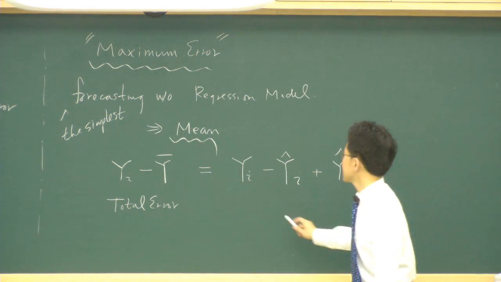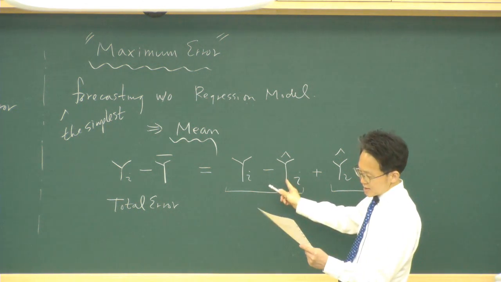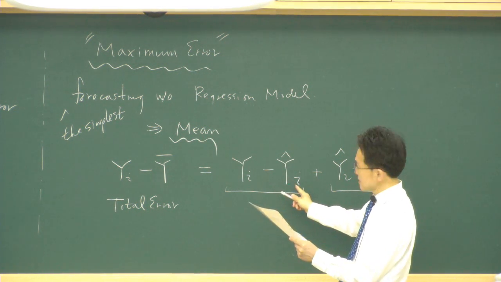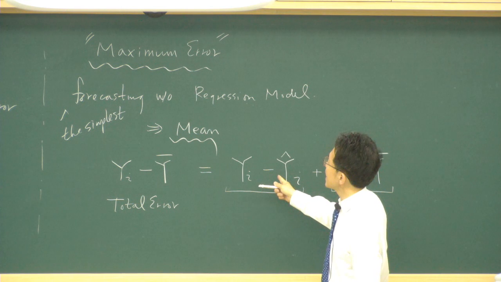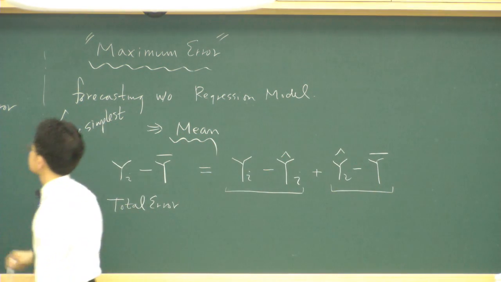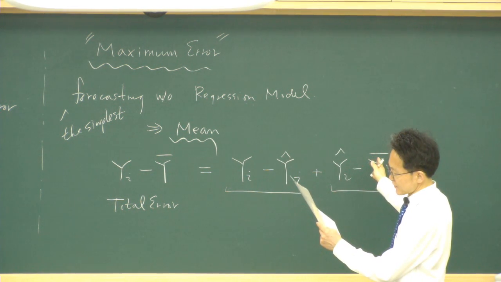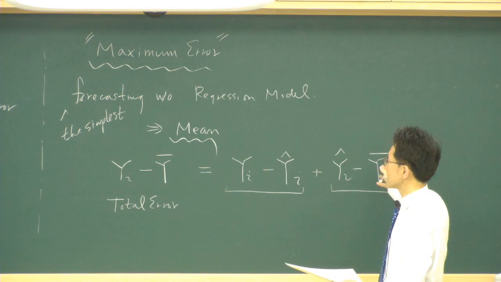But something interesting we can observe, okay? And this is the error we can make, actually, this one. This one is that one. And then this one is another different type of error.